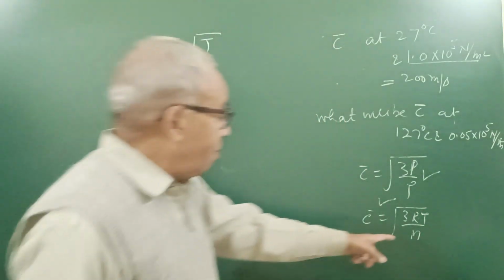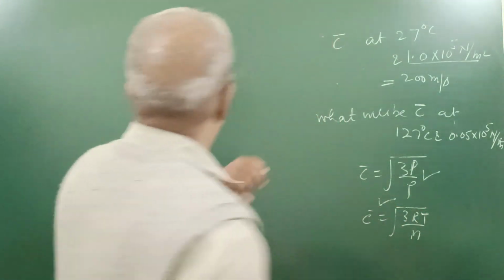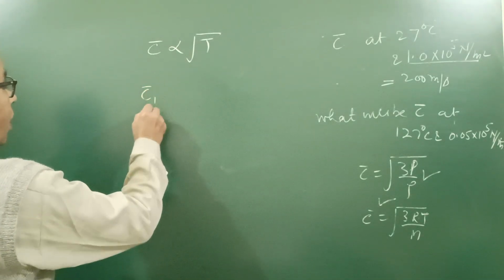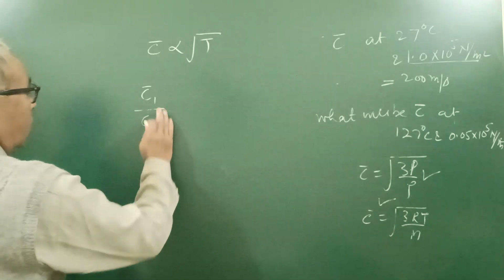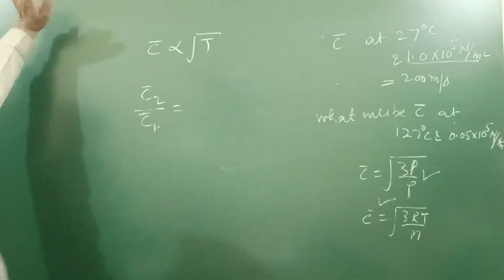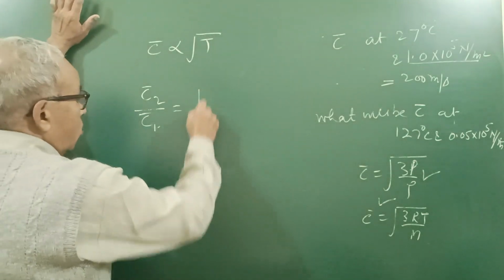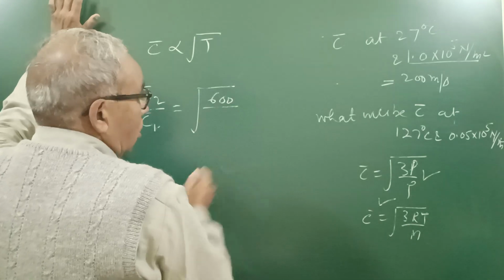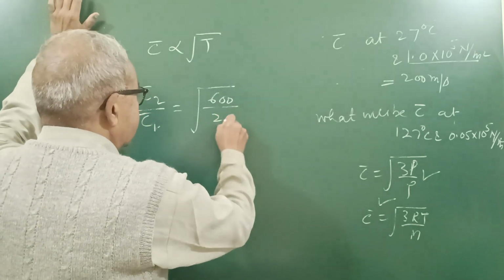For a given gas, M is the same and R is the same, so C bar is proportional to root T. So C1 bar upon C2 bar, sorry, I should write it like this. The unknown we make the numerator, under root 600 upon 200.